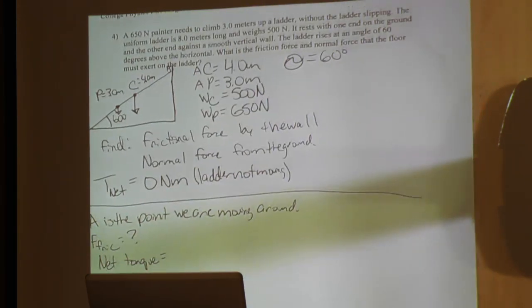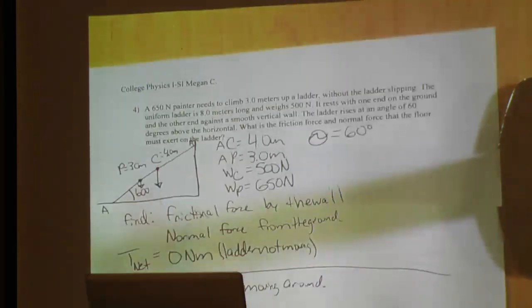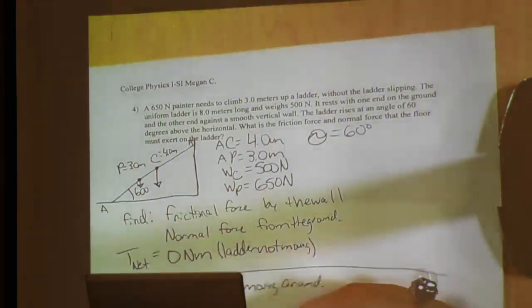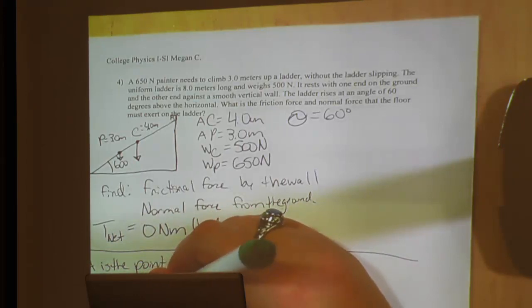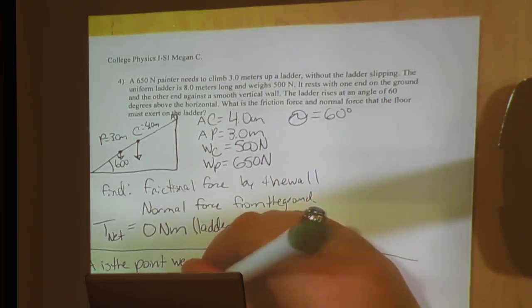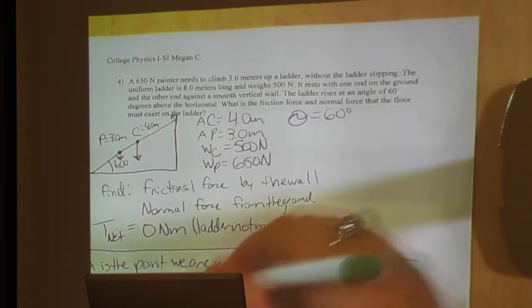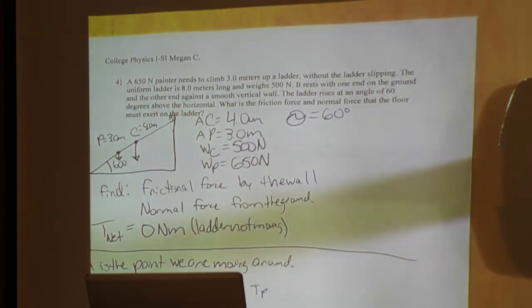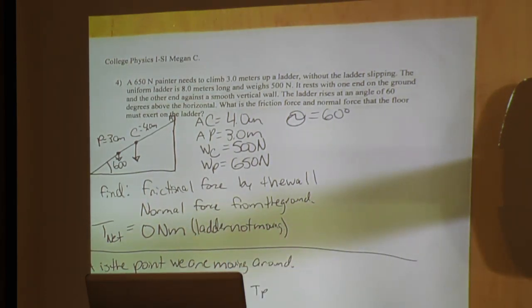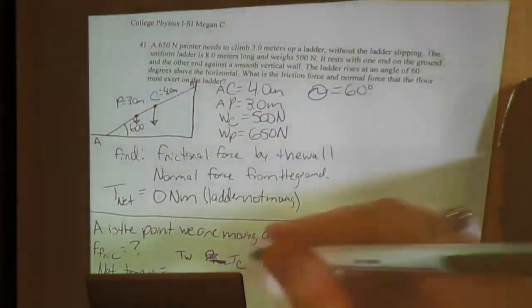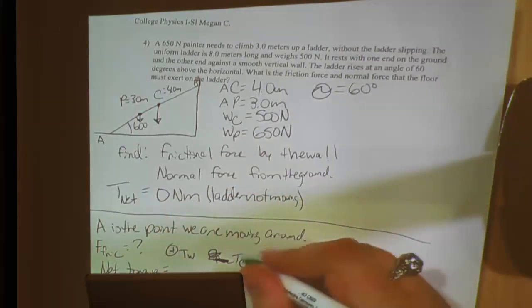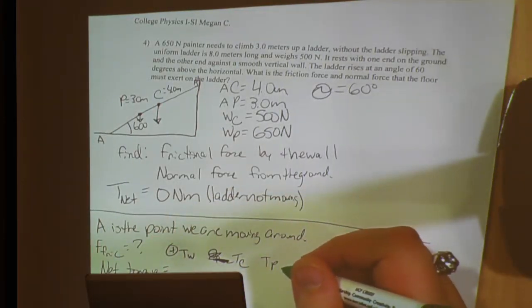What do you think should be the positive here of those three? We have torque provided by the wall through friction, torque by the center of the ladder, and torque by the painter. What needs to be positive and what needs to be negative? Again, what's pushing up, what's pushing down? Good, so the wall would be positive. What about the ladder? Negative, good.